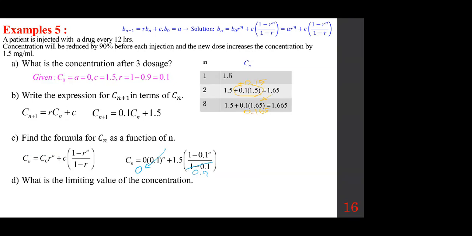So now this is 1.5 over 0.9 times 1 minus 0.1 to the power of n. 1.5 divided by 0.9 is the same as 15 over 9, which is 5/3.